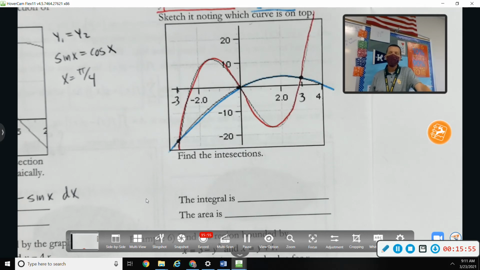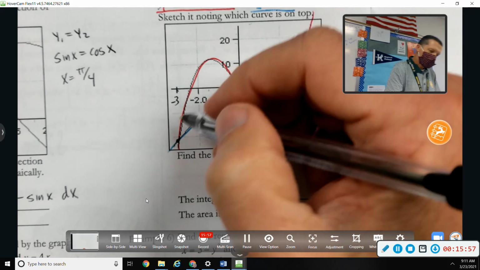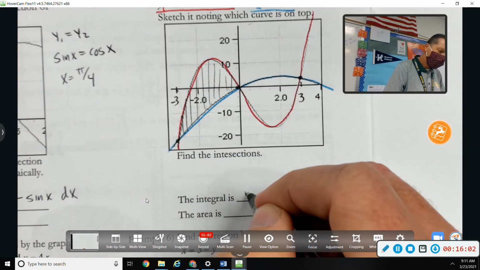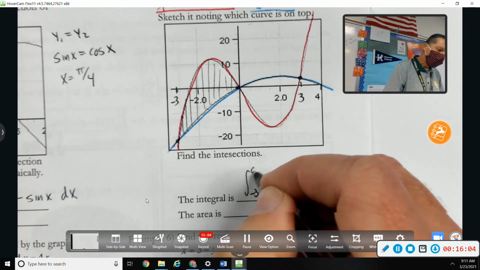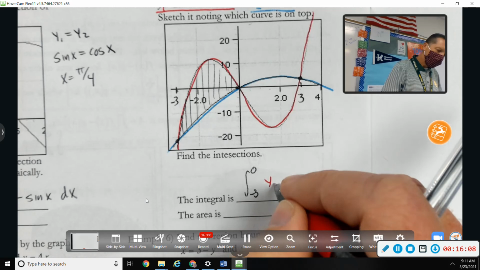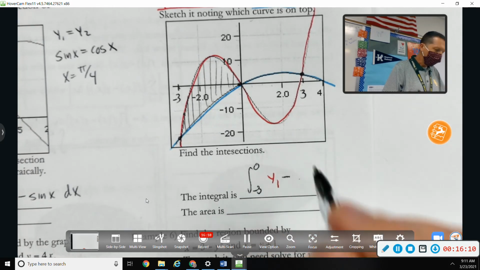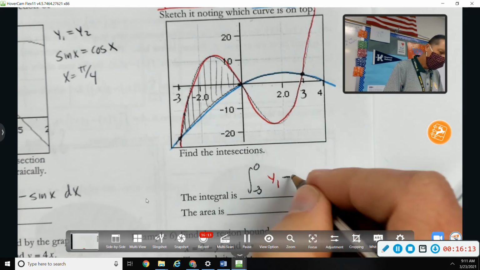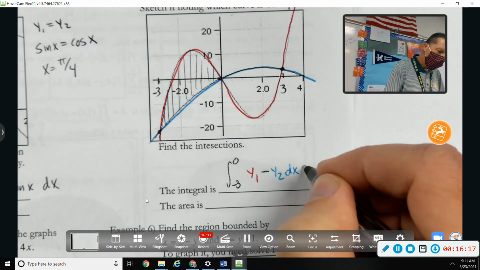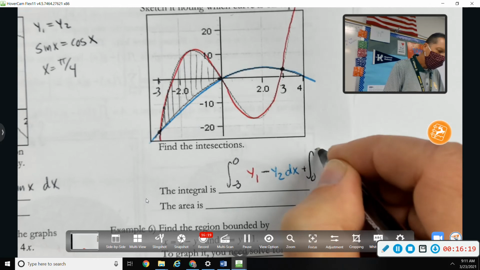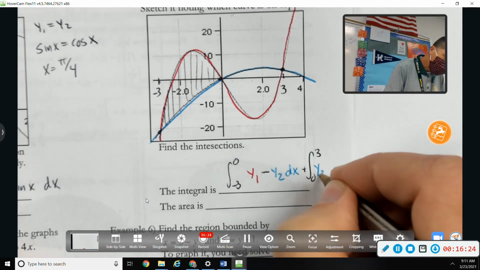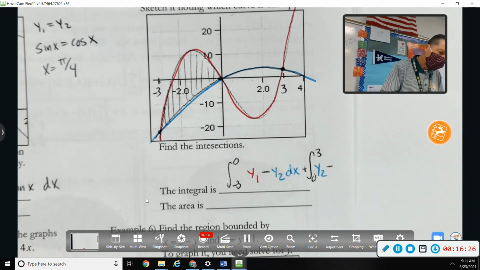Just do two integrals. So this will be one integral, -3 to 0 of the red one minus the blue one, plus, and then from 0 to 3, the blue one minus the red one.